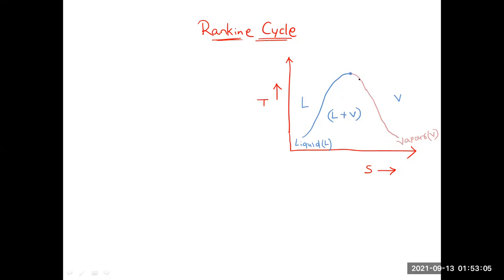And this pink color line indicates the vapor phase, and all the points on this line indicate saturated vapor. Before the blue line, it is completely liquid. After the pink line, it is vapor. In between these two lines, it is a mixture of liquid and vapor. These two lines meet at a single point, and this point is known as the critical point.